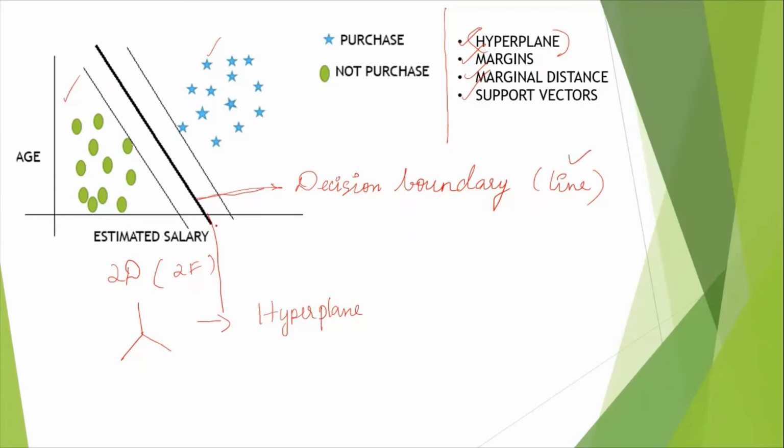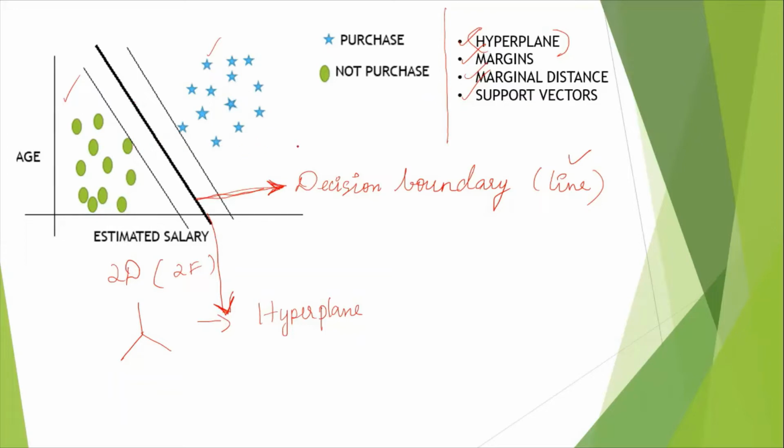In 3D, this is called a hyperplane. So this is the boundary that divides the two classes, whether a customer will purchase or not. This is the boundary used to divide between two different classes.